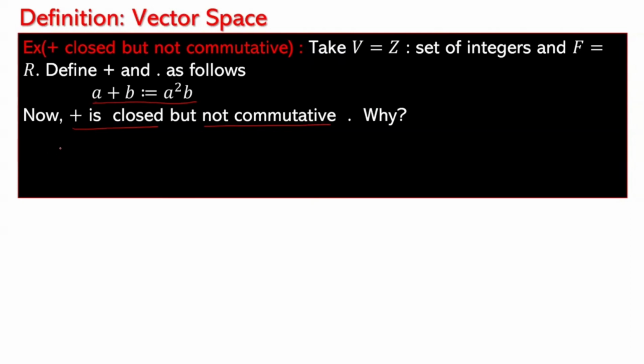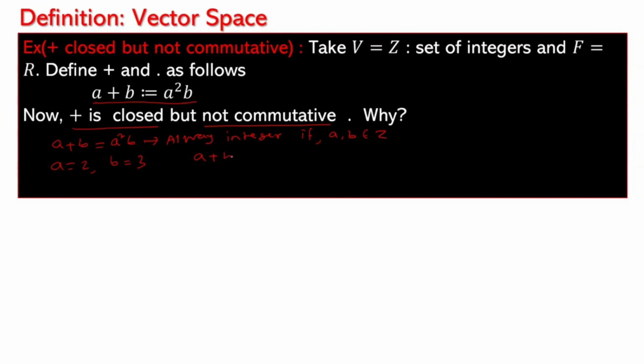Let's say a plus b is equal to a square b, which is always an integer if a, b belong to Z. Now they are not commutative, because let's take a equal to 2 and b equal to 3.